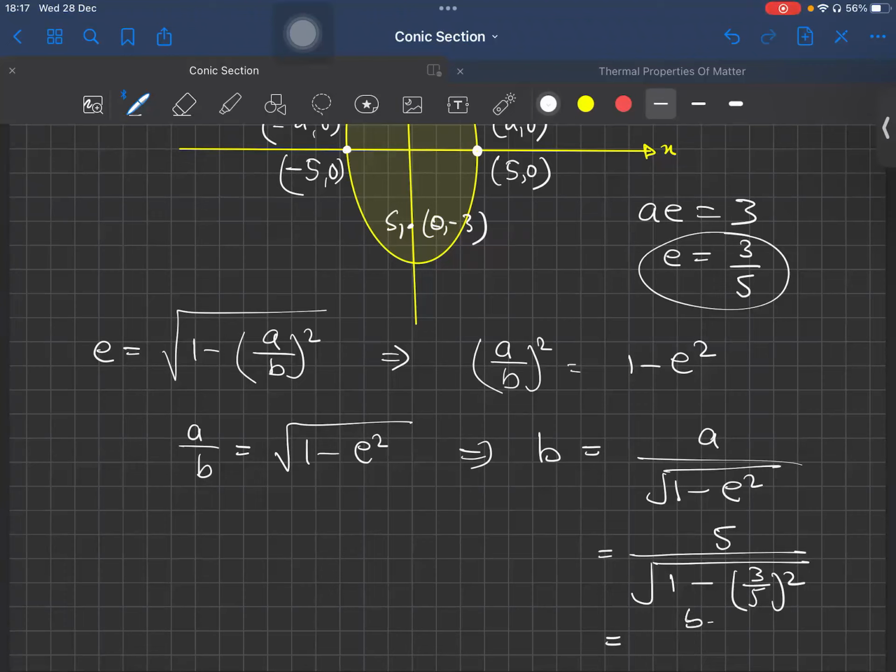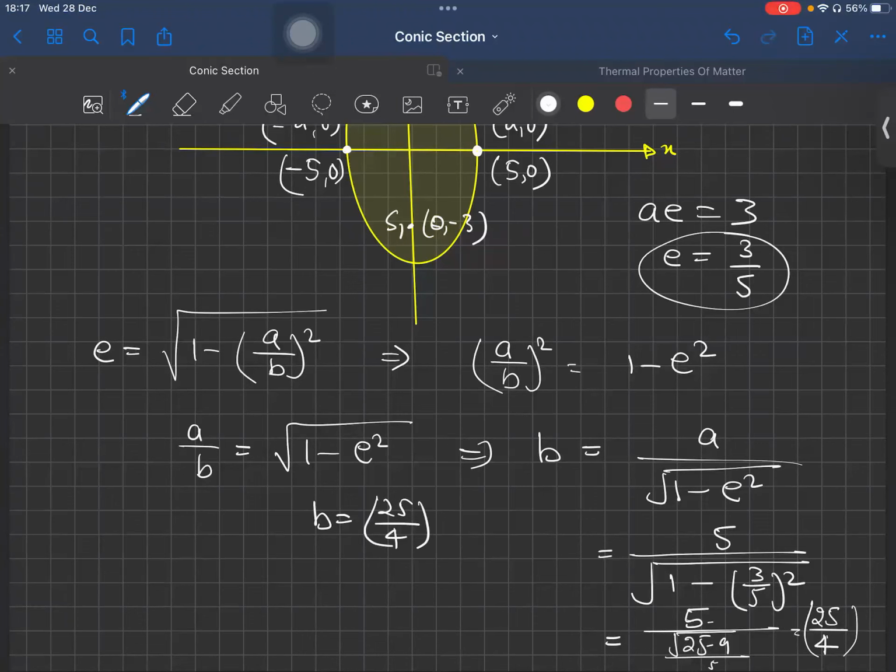So just solve this one. 5 upon square root of 25 minus 9 upon 25, so this will be 25 upon 4. 25 upon 4 is your B. So the value of B is 25 upon 4.